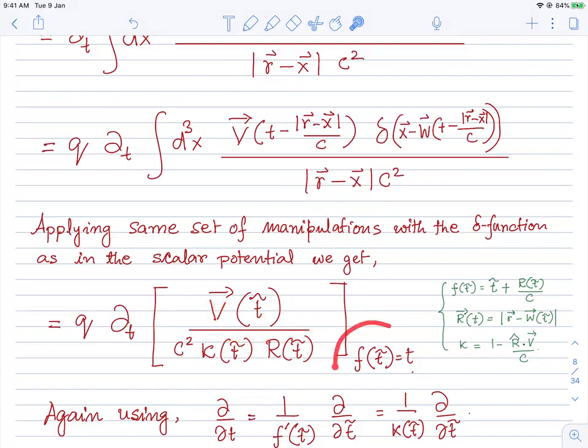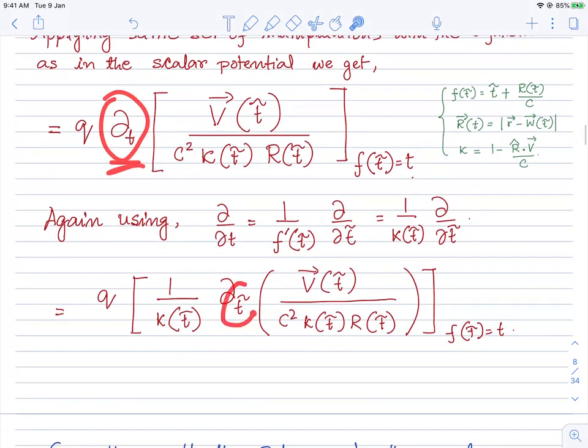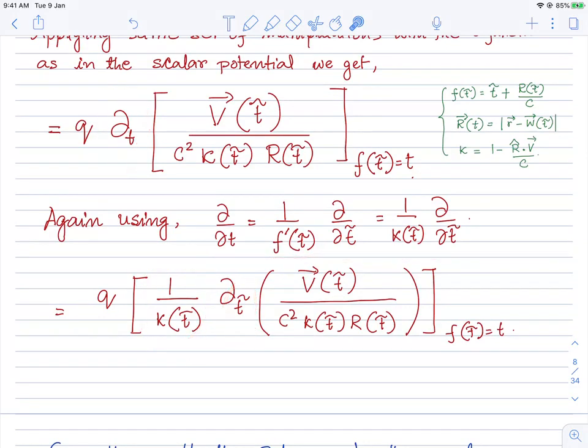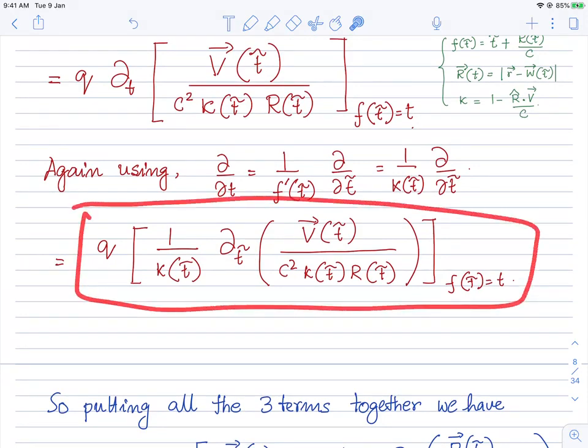That remains here, and we use the retarded condition. That's it. Again, this differentiation with respect to t can be converted into a differentiation with respect to t tilde with this additional factor of 1 over kappa that comes in because of the variable change. So this is our result for the third term as well.